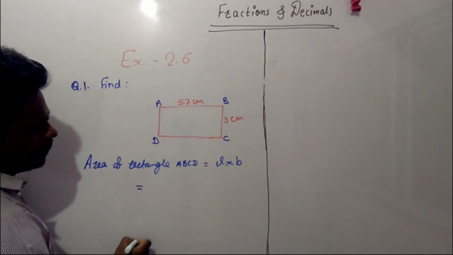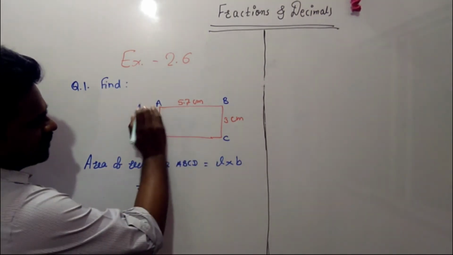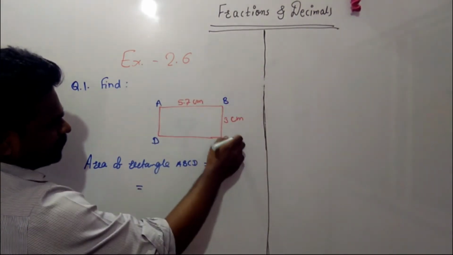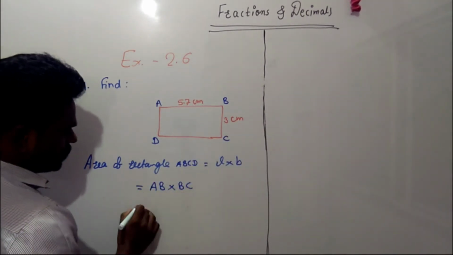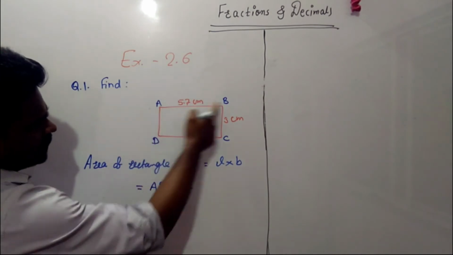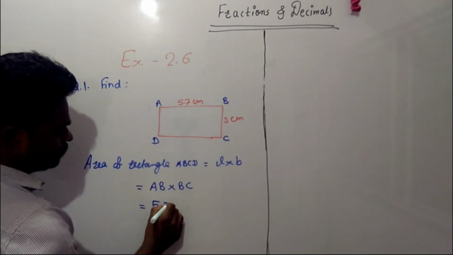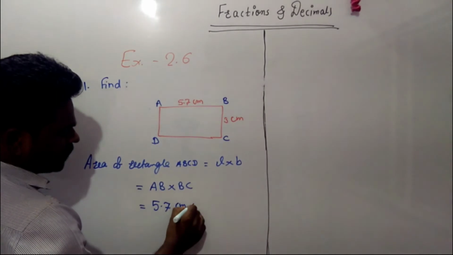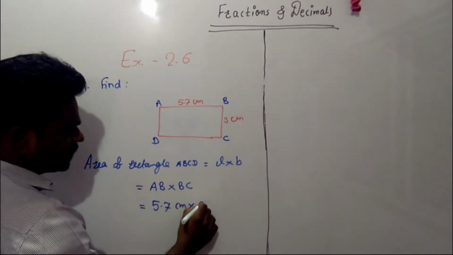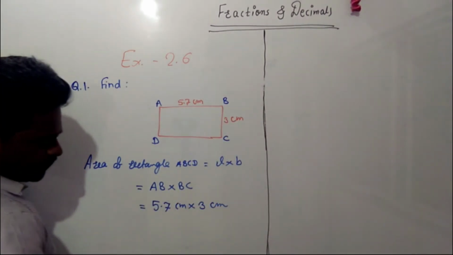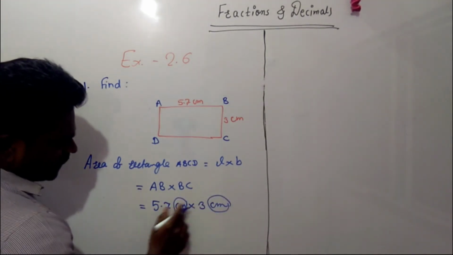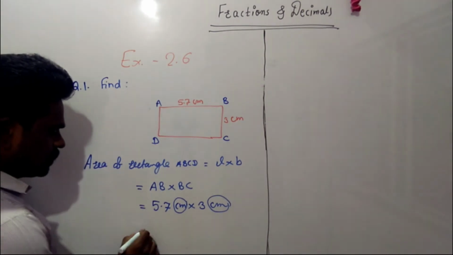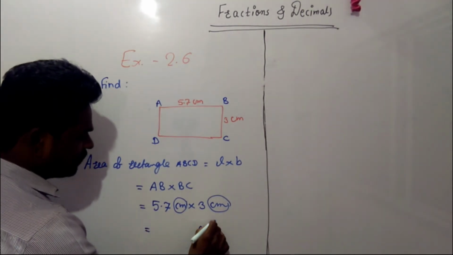So it is equal to, length is AB and breadth is BC. So AB into BC. So it is equal to AB is 5.7 centimeter into BC is 3 centimeter. Now see, here is 1 centimeter and here is 1 centimeter, and these two are in multiplication. So we will get its unit as centimeter square.